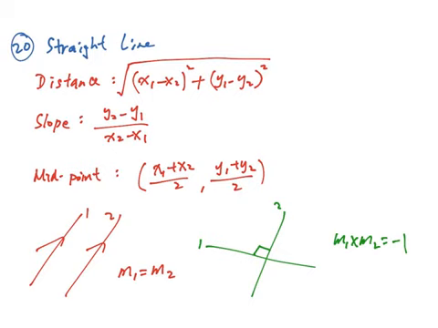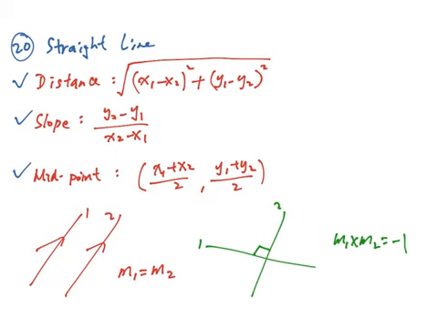Next is about the straight line. The distance formula, we did from previous pages: square root of x1 minus x2 square plus y1 minus y2 square. Next is slope. Slope is y2 minus y1 over x2 minus x1.